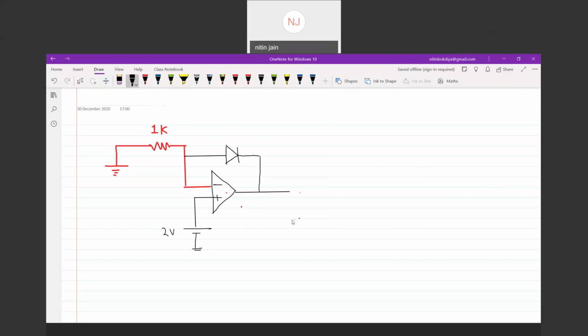This is 2 volt. Then we are having one diode D2. This is one of the finest questions from the diode and op-amp combination. This diode is connected to ground. Then this is connected to, this is V plus and this is minus.